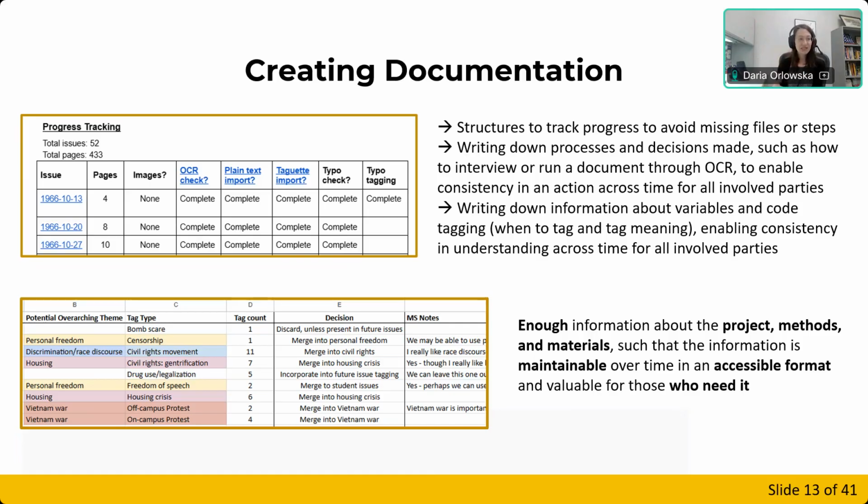So there's another example right below the progress tracking one. This is how we handled looking at the codes. After we've coded everything within Taguette, we exported that file into, I think, Google Drive, Google Sheets. You can export it into Excel. And we went and looked at the overarching theme and how things were tagged.